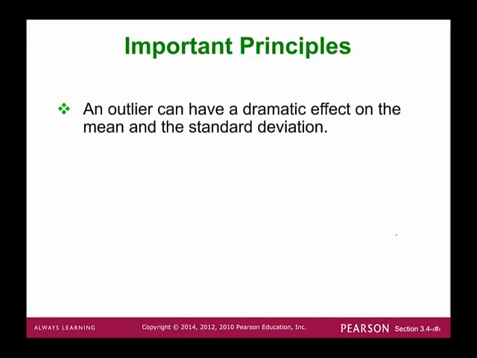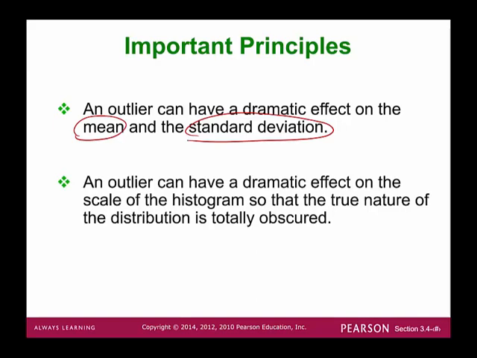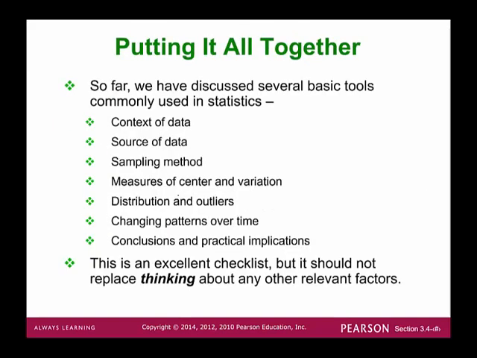So the outlier could have a dramatic impact on the mean and also the standard deviation, because when we calculate the mean and the standard deviation, you're including the outliers. Outliers have a dramatic effect on the scale of the histogram, so that the true value distribution is totally obscured. Okay, so outliers also have impact on the histogram, also the graph.